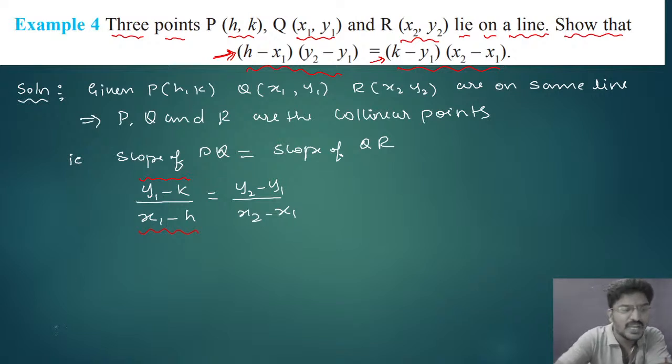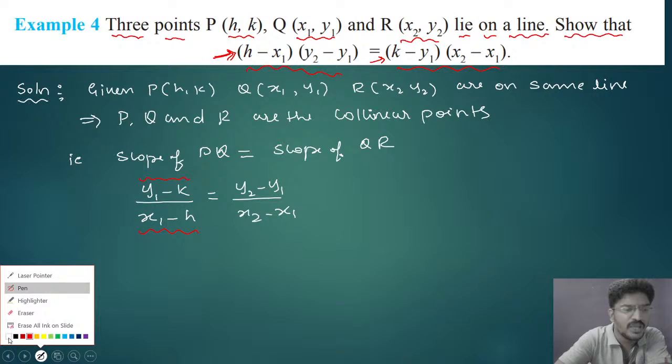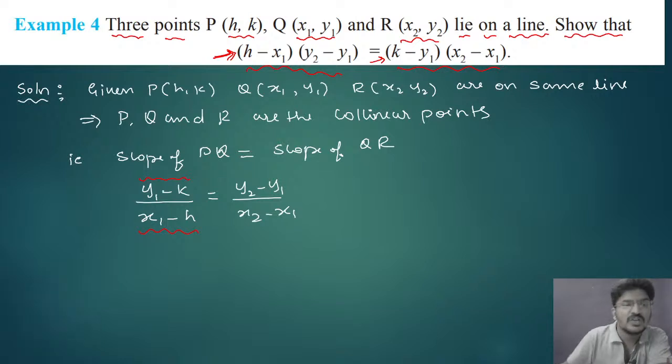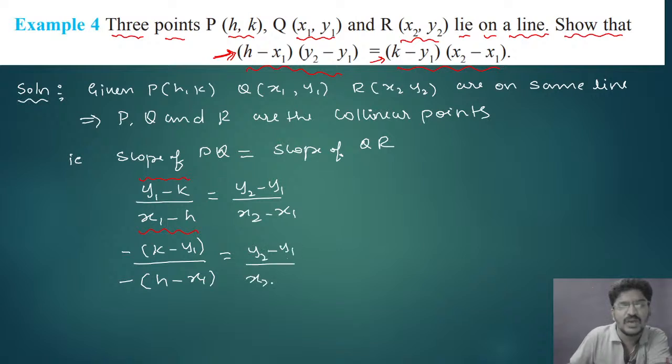For that, you can take the minus term common. Minus of (k minus y1) divided by minus of (h minus x1) will be equal to y2 minus y1 divided by x2 minus x1. Cancel the negative signs and now do cross multiplication.